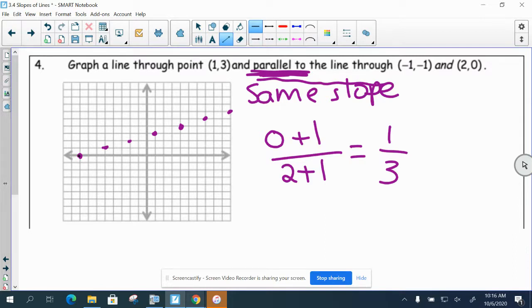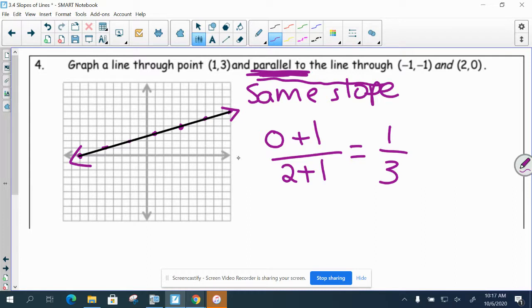If you have a protractor, or you want to use a ruler or your ID badge as a straight edge, that's fine. Whatever straight edge, do not ever freehand a line. That's where you make mistakes, because it's not as accurate. So that's it. We graph the line.